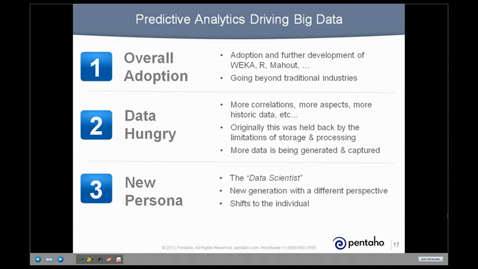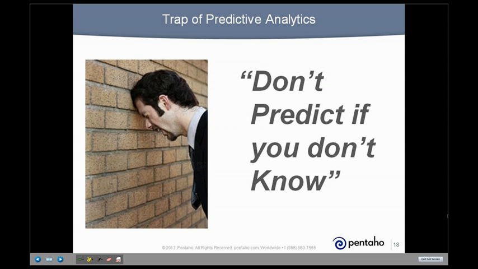And that obviously is helping the adoption of predictive, but also driving big data solutions. There is this whole new generation with a different perspective, and there's definitely the need and desire for organizations to shift to the individual. While people were perfectly happy marketing to segments, to target audiences, now people are figuring out how they can target the individual.